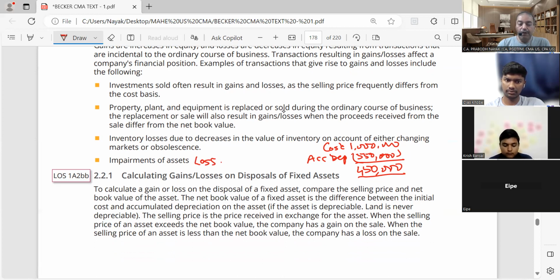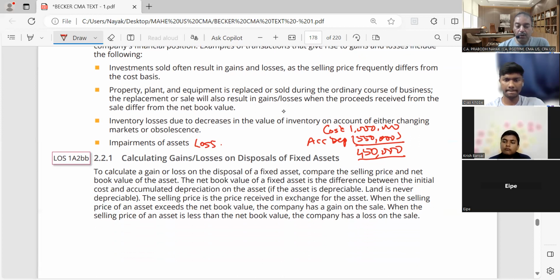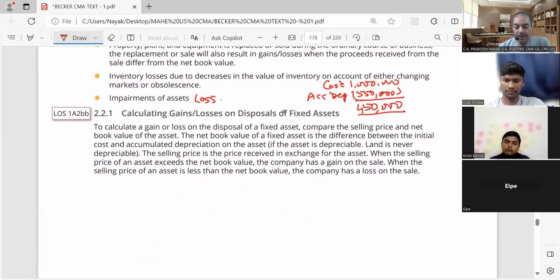Then, calculating gains or losses on disposal of fixed assets. To calculate a gain or loss on the disposal of a fixed asset, you compare the selling price and the net book value of the asset, or the carrying amount. Suppose the selling price that you are getting on this asset is 4,25,000.